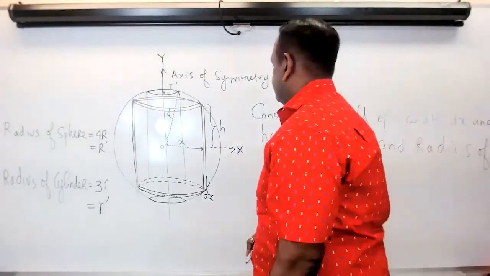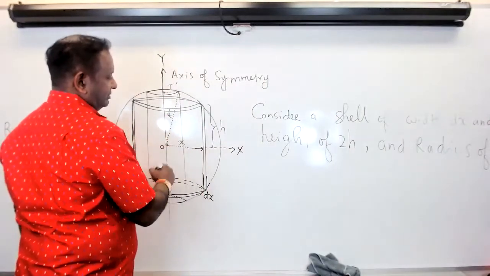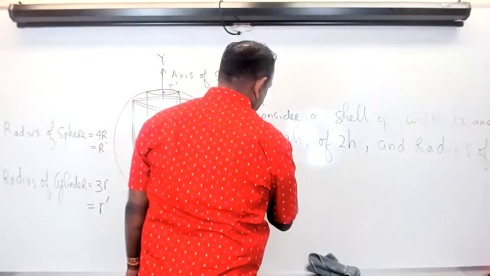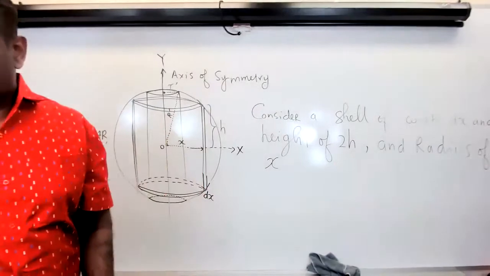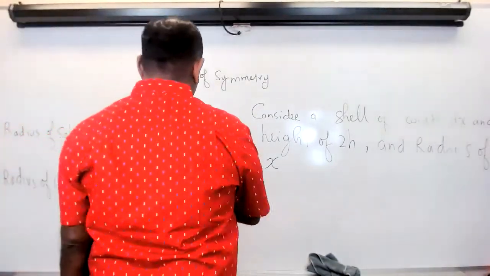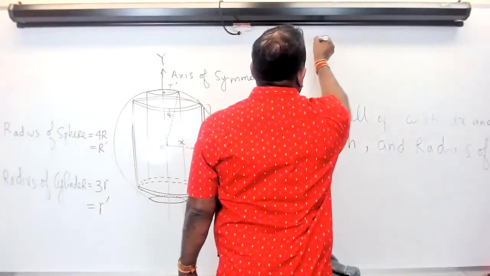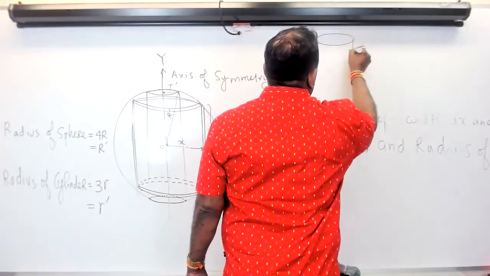What's the radius? That's x. Radius x. That means we have taken this out, and it looks like this.